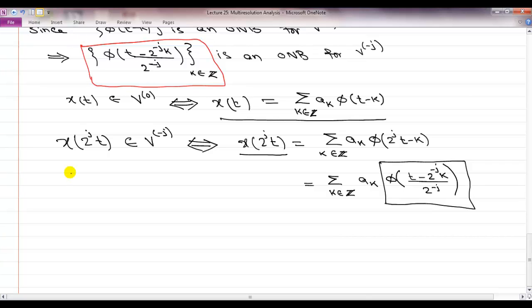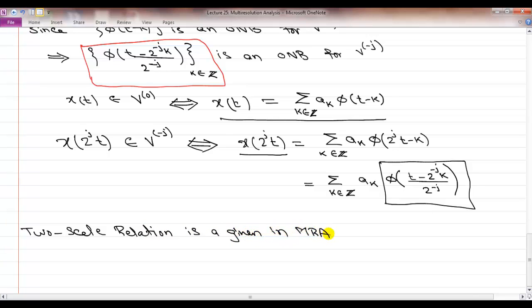Okay. So the two-scale relationship is an immediate consequence of the scale invariance condition. Two-scale relation is a given in multi-resolution analysis because of the scale invariance property.